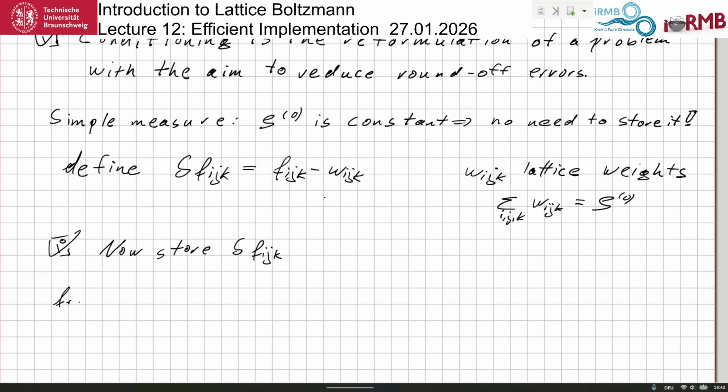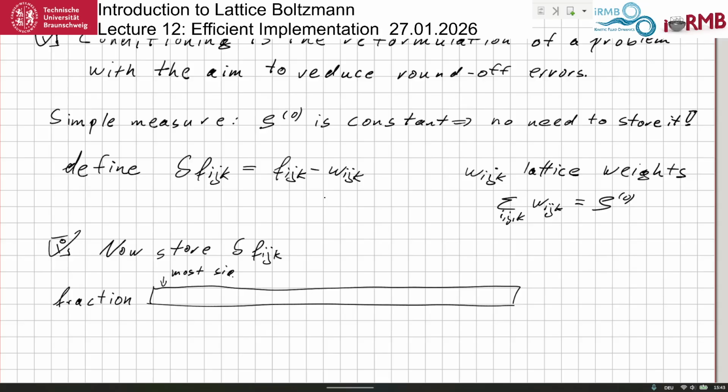Let's just have our cartoon again, the fraction. Say this here is my fraction, and this here is my most significant bit. The other one would then be the least significant bit. And now, because there is no rho, the thing we are starting off with is U1. So U1 now has the entire space.